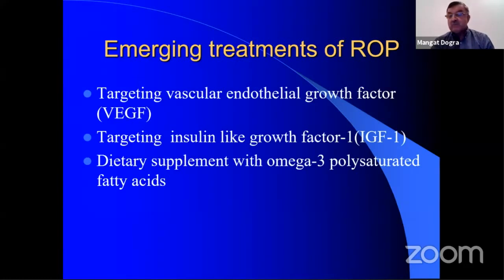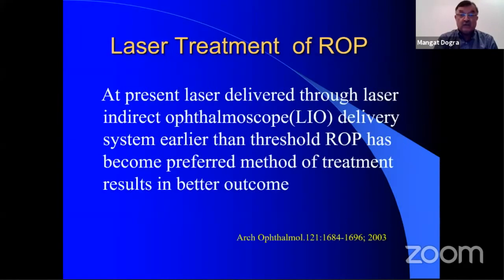Some of the emerging treatments: we are trying to target the VEGF. Here, the anti-VEGFs, again, the role has come up in a big way. Then targeting insulin-like growth factor. This is another one which is being targeted and is being used even as a marker of how they develop ROP. Then dietary supplements with omega-3 polyunsaturated fatty acids.